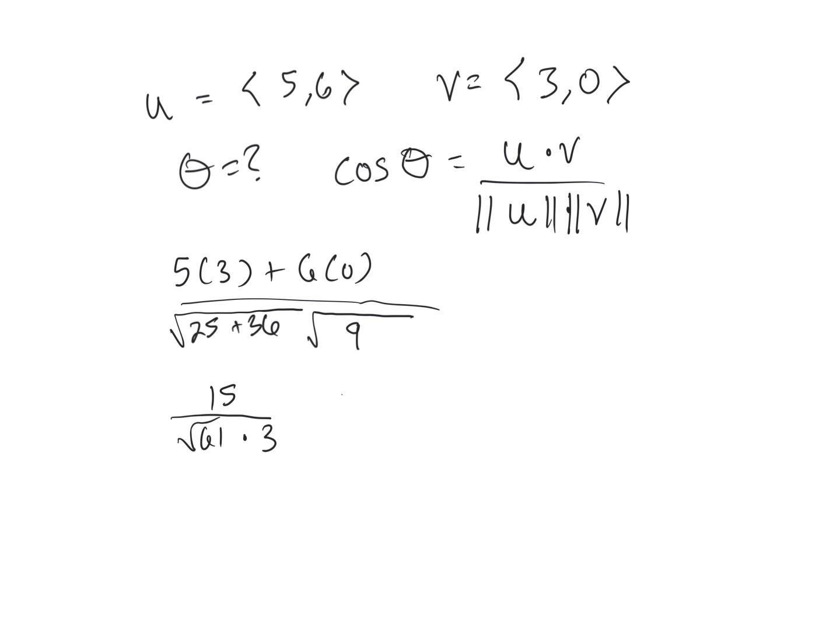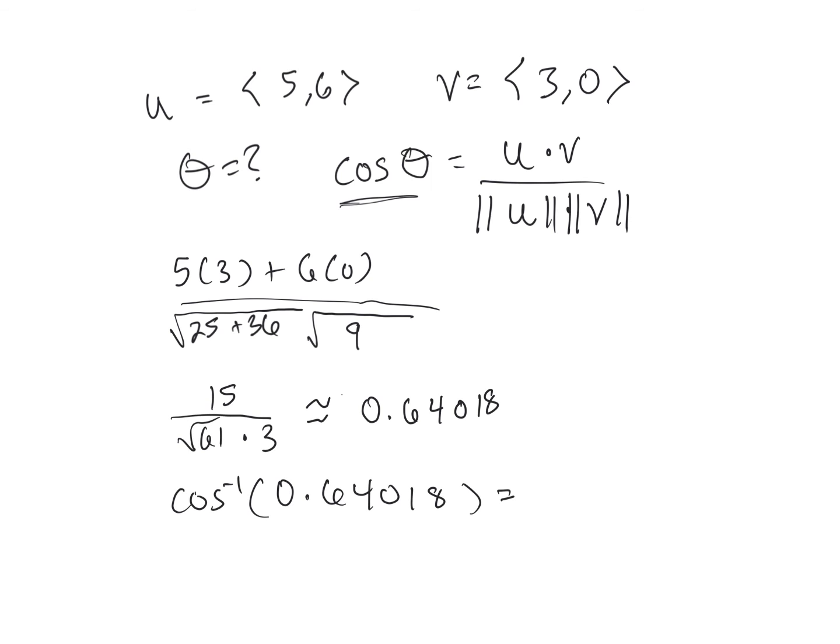So this is 15 over 3 root 61. If I put it in my calculator, this should be 0.64018. To find theta, we just take the inverse cosine of that, which gives me 0.88 degrees. So that is my theta between the two vectors.